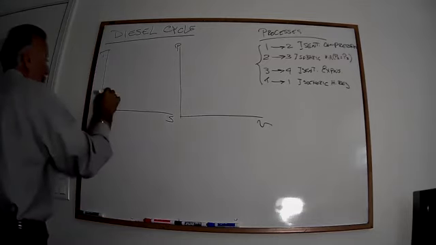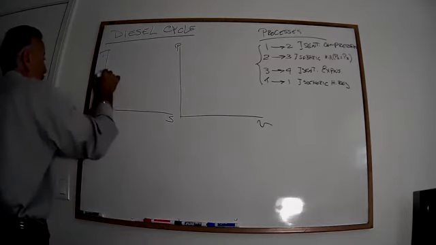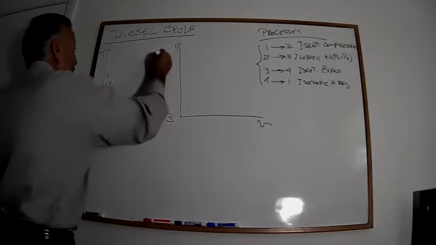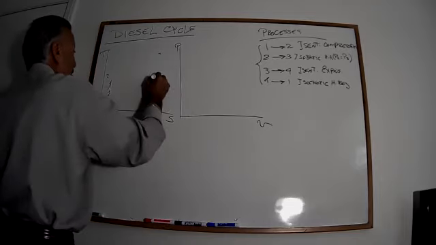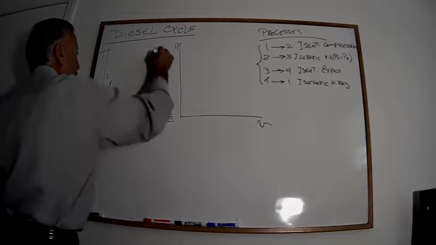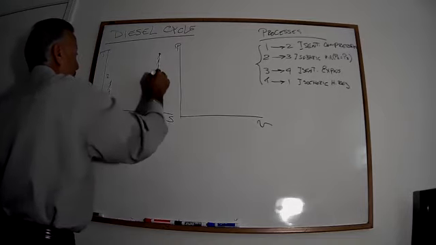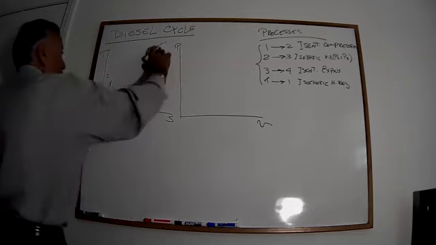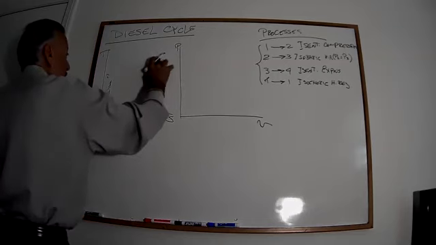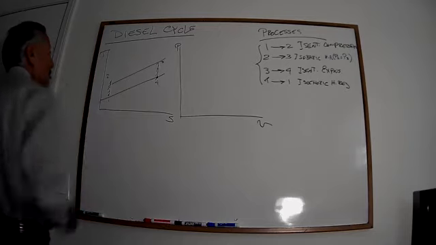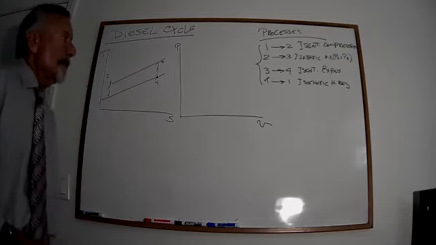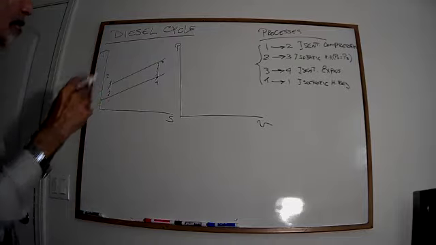Process 1 to 2, isentropic. Process 3 to 4, isentropic. So that's the tier side. Now, the other one is a little different.